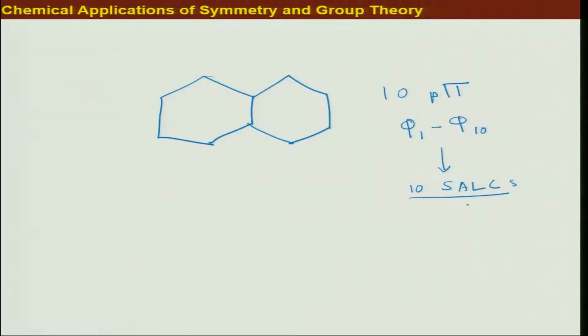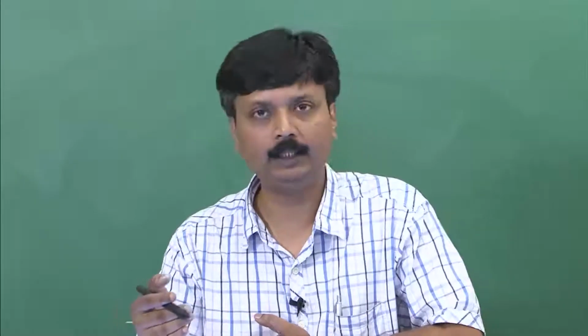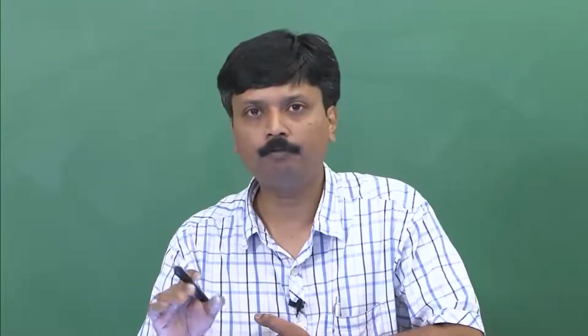So now what were those orbitals, and we also got the symmetries of those orbitals. So in the next step we got the symmetries of these orbitals, meaning that particular irreducible representation according to which these SALCs transform, that we found out.